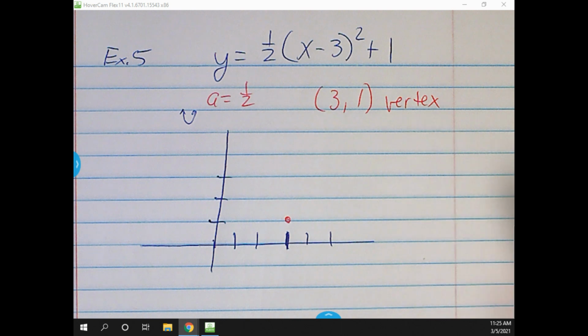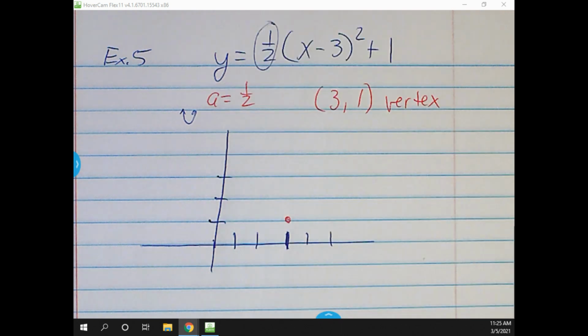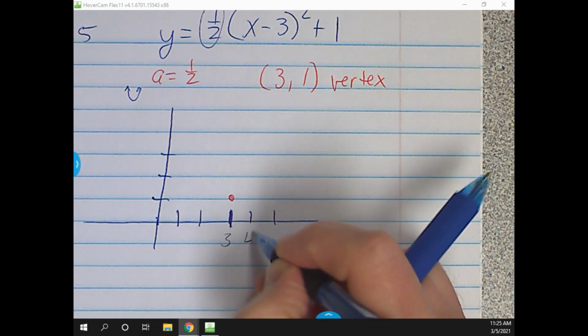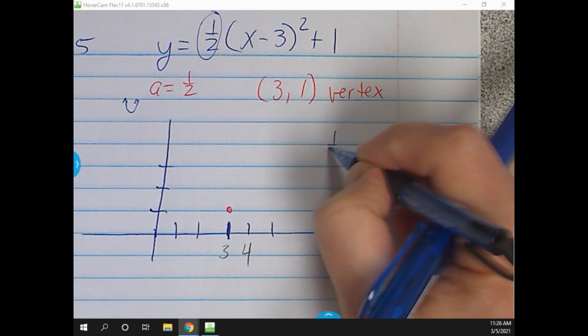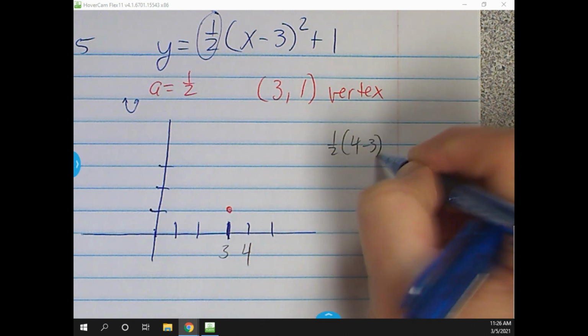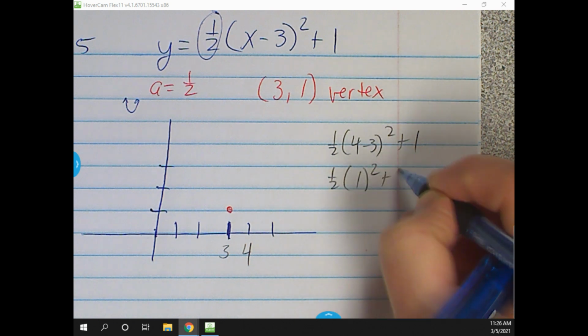Here's what we've got to do. And because of this, we're going to get a fraction answer on this, right? If we pick, and I'll show you this one, and don't write this down, but just kind of watch. If we pick the next number right beside 3, that would be 4. There's a small problem if we pick 4. If we plug in 4 for x, we get a half of 1 squared plus 1.